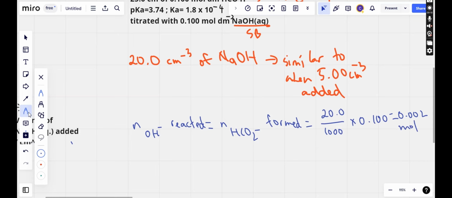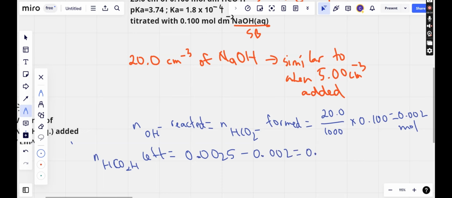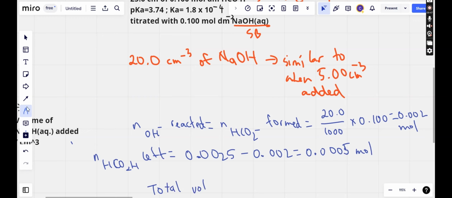And then you calculate the amount of acid left: 0.0025 minus 0.002 is 0.0005. And as of now, the total volume is equal to 45.0 cm cube.